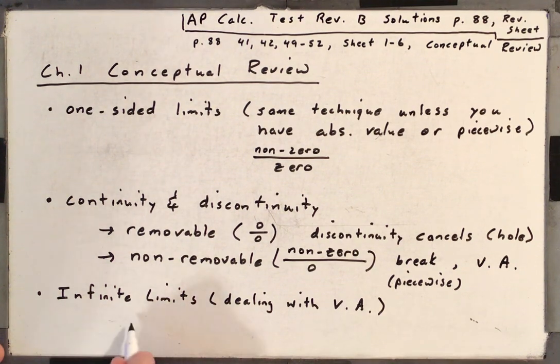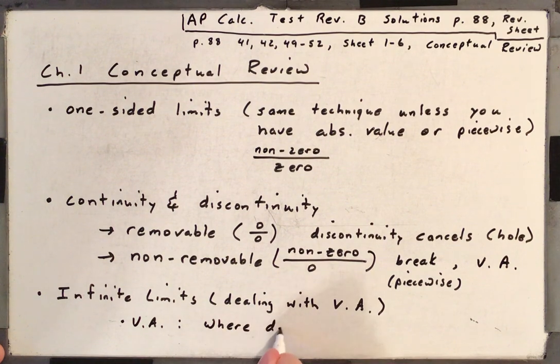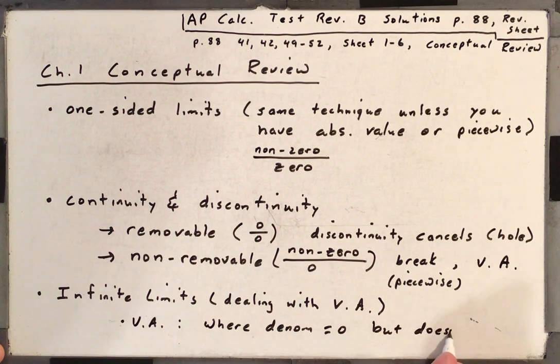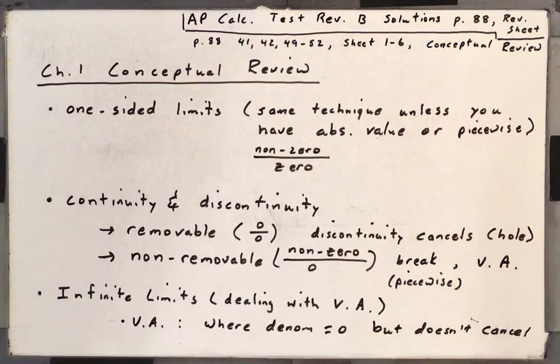And then again, vertical asymptotes occur where the denominator equals 0, but doesn't cancel out. All right, and that's pretty much the whole chapter.